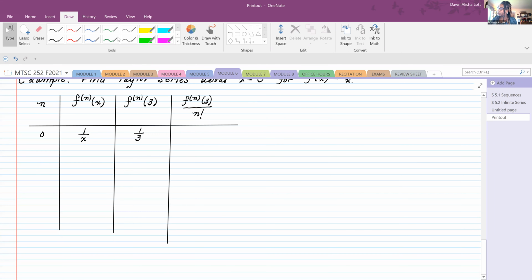I'm going to do this next piece. When I take the derivative here, I'm going to get negative 1 over x squared. And for that, putting in 3, I'm going to get negative 1 over 3 squared.